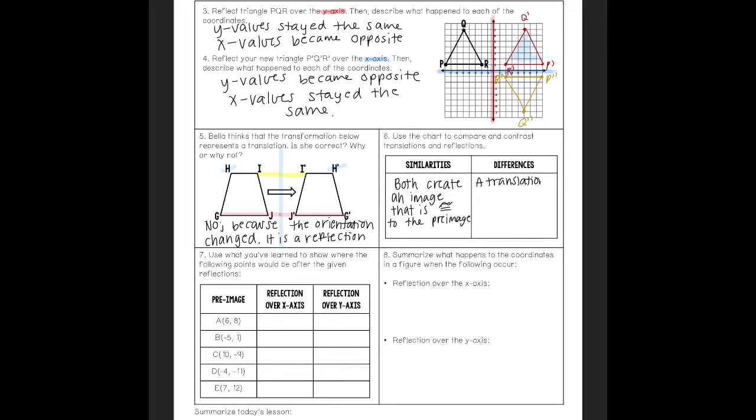Well, a translation preserves orientation. But does that happen in a reflection? No, it does not.